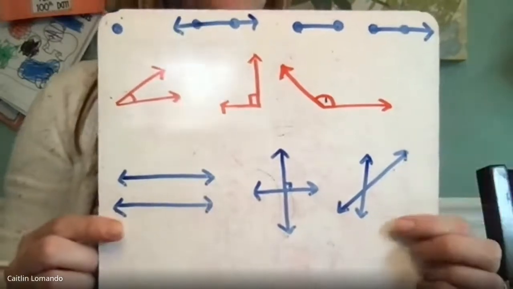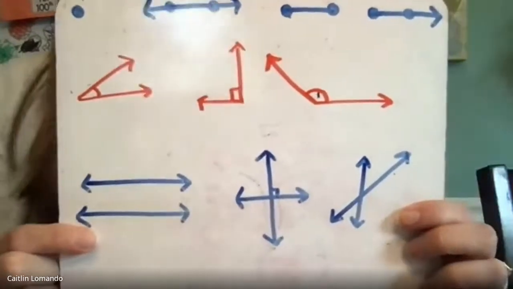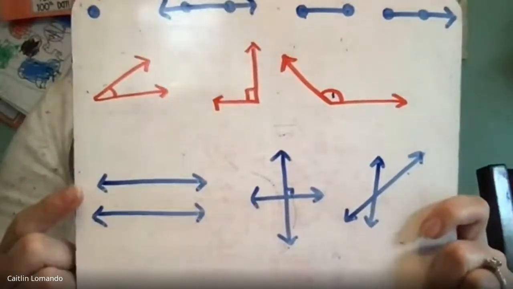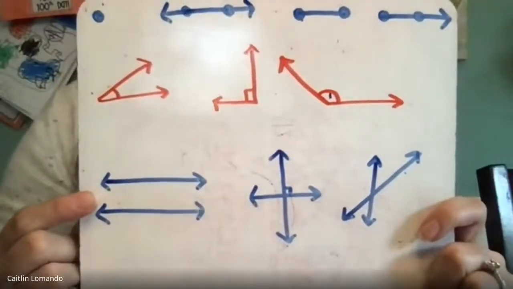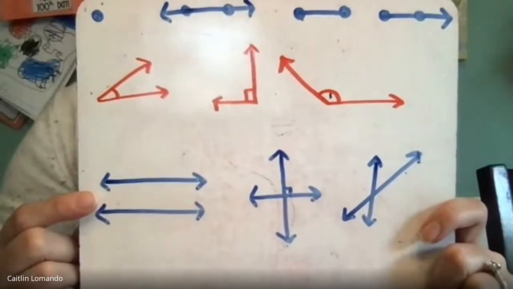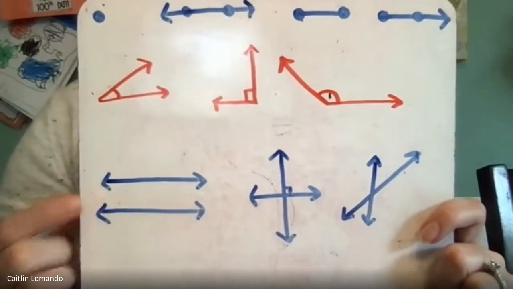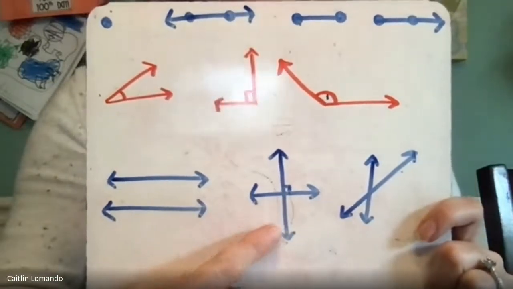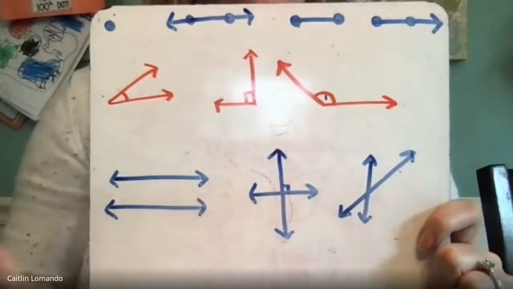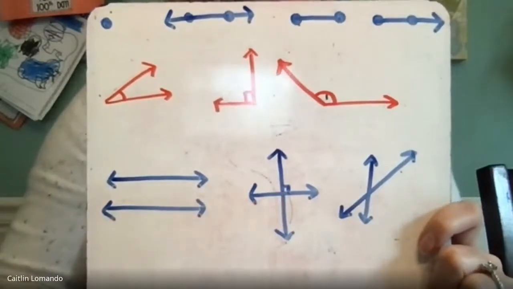We also have a part of our end of module assessment that shows some lines. Do you remember what lines that will never, ever touch are called? Think of train tracks. These are parallel lines. Do you remember what lines that cross at 90 degrees are called? These are perpendicular lines.